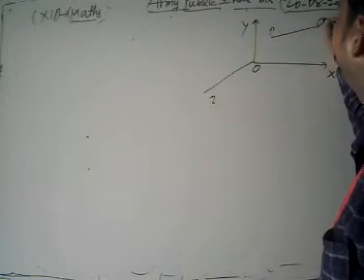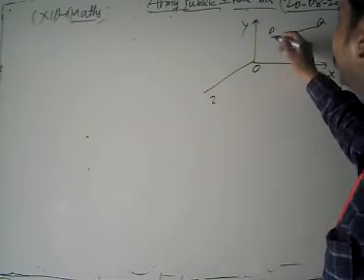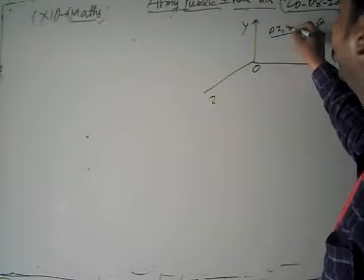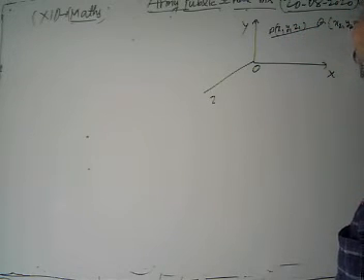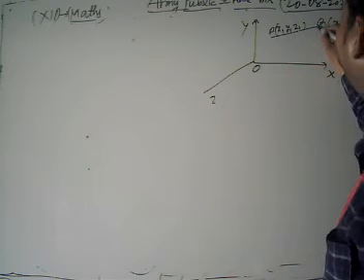Suppose we have points P and Q, where the coordinates of P are x1, y1, z1 and the coordinates of Q are x2, y2, z2. Then how can we get the direction ratios?